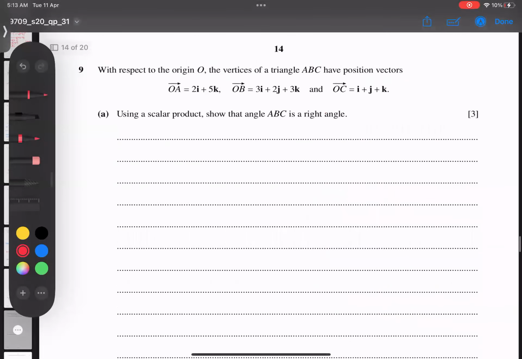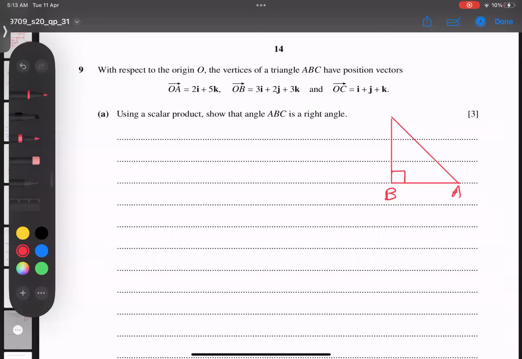In the next question we have the vector topic. And he mentions here to use the scalar product to show that angle ABC is a right angle. The middle letter is B. And actually I have to prove that this is a right angle, I mean to say this is 90 degrees, with the letter B in the middle.